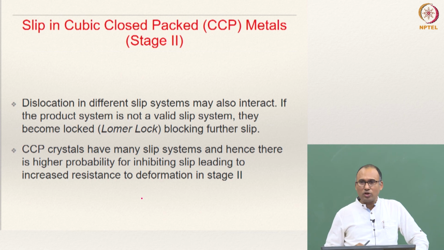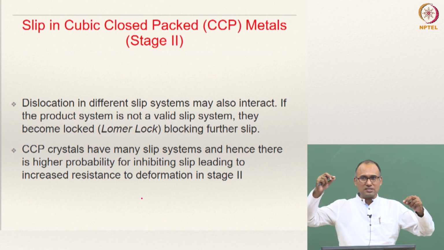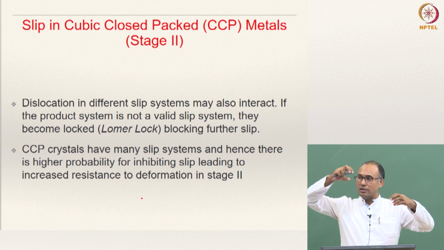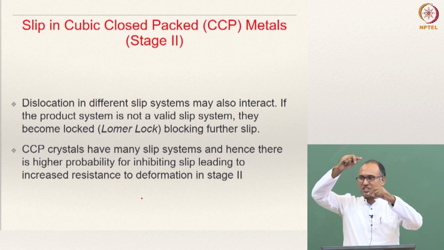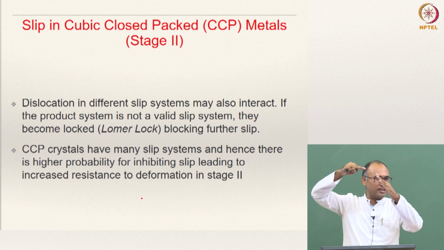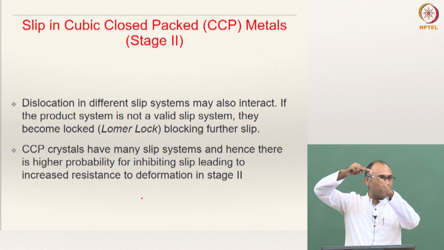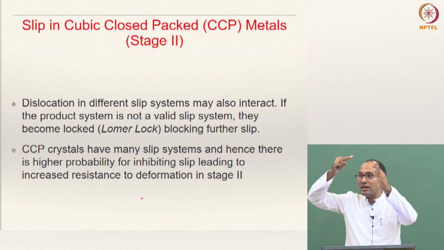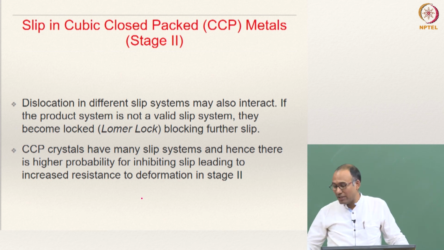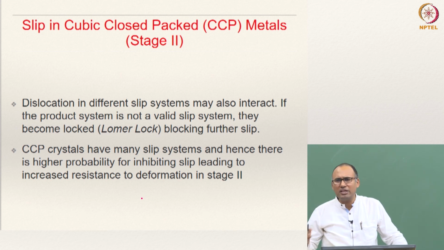You can also have dislocations on different slip systems interacting. Sometimes when these two in different slip systems come together, it is possible that the resulting slip system, so when this is one slip system and this is another slip system, the dislocations are interacting. If they have to continue to interact, they should be working on a resulting slip system, and that resulting slip system may be an invalid slip system. What do you mean by invalid slip system?